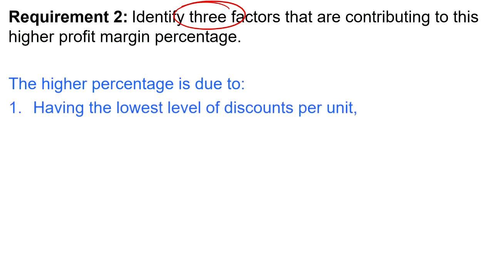First, they have the lowest level of discounts per unit. And so, remember we said that the discount for company C was $1 per unit. The discount for company A was more than $1 per unit. So by simply having a lower discount, they're going to increase that profit margin percentage, because they're having a lower level of discounts for that customer.